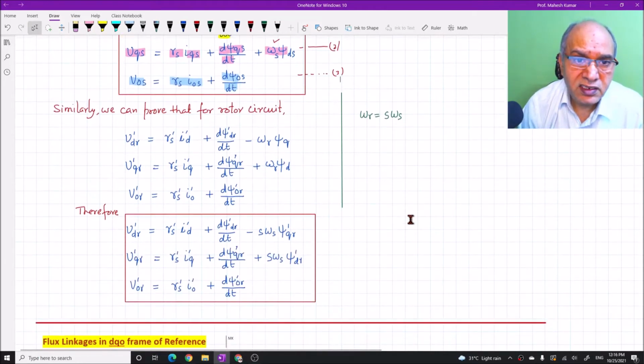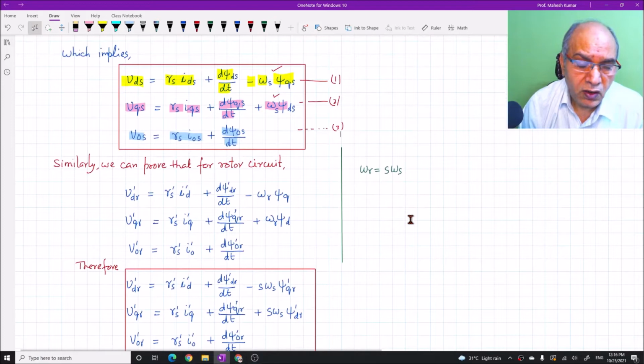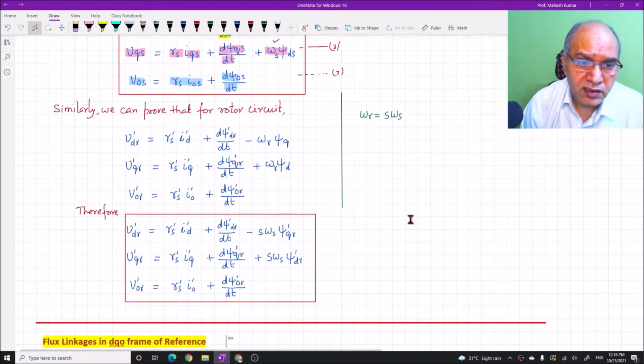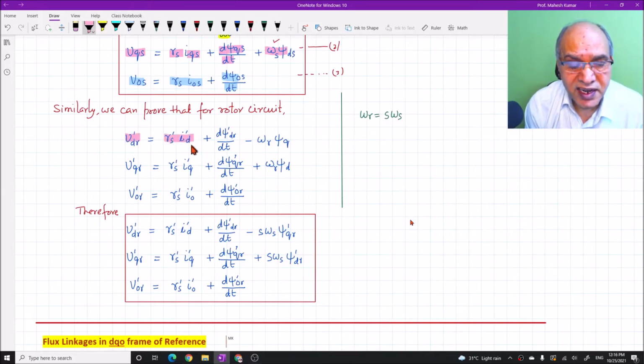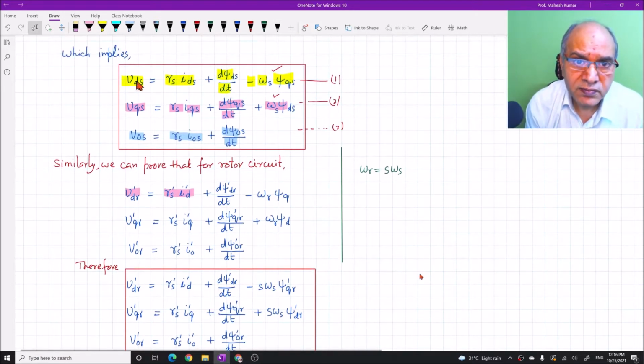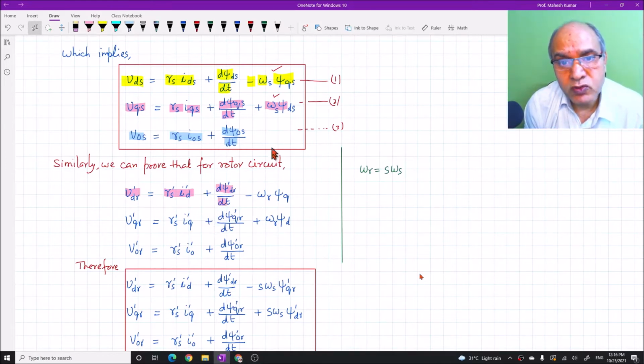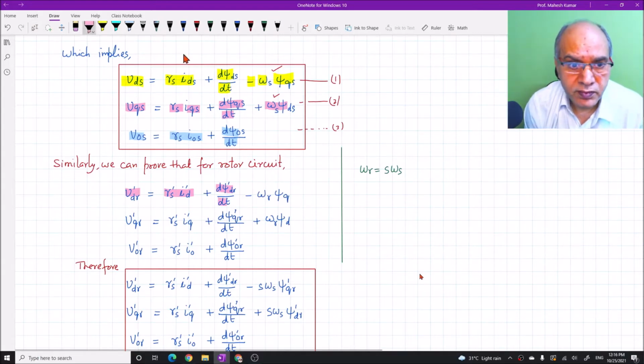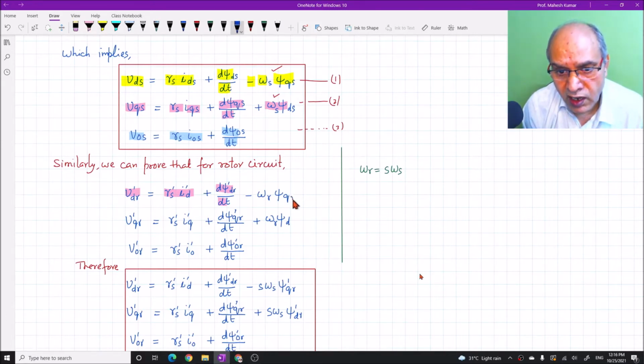Similarly, we can write the equation for voltage on the rotor side in the dq0 frame of reference, that you can see here that Vdr dash is given by Rr dash idr dash, equivalent to the first term here, plus d psi dr dash by dt, equivalent to this term, minus omega r psi qr dash, because it is referring to the rotor side.